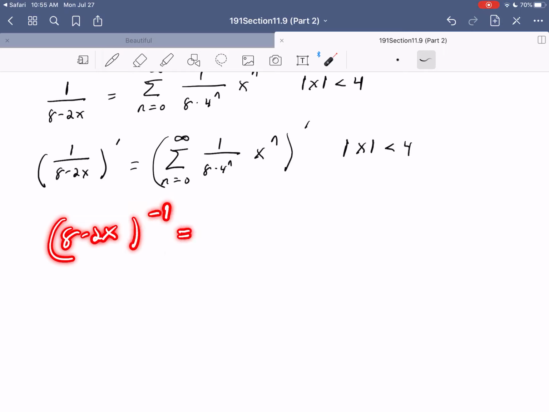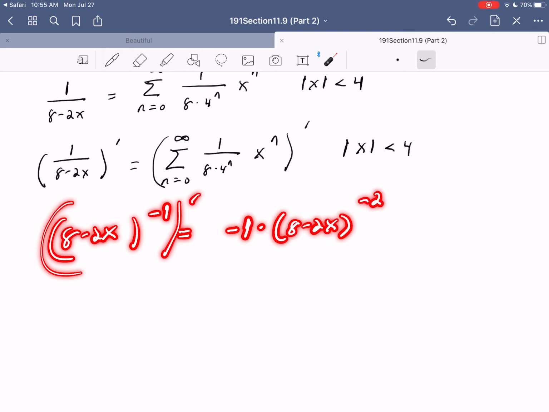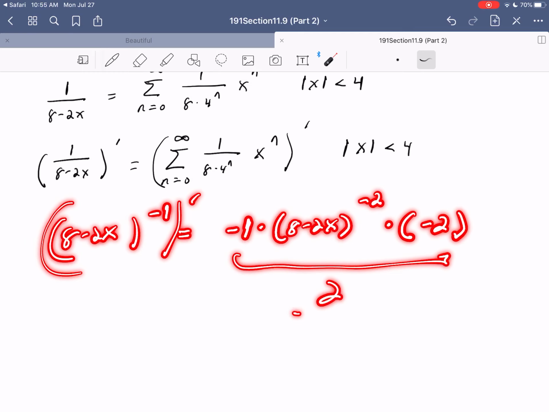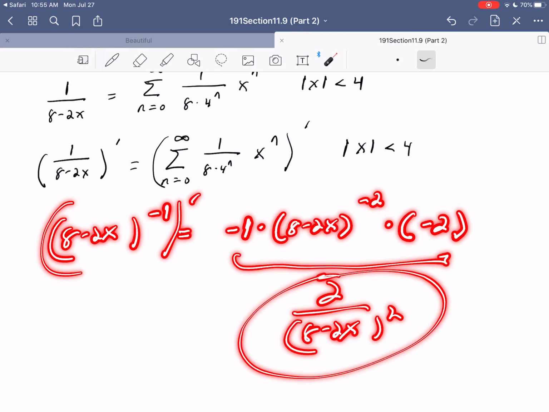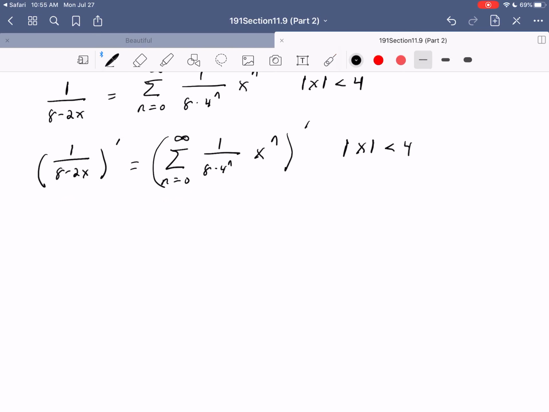If we differentiate that, we should get a -1 times 8 minus 2x to the -2 times the derivative of the inside, which is -2. So that's 2 over 8 minus 2x squared. Notice that's the key here: by differentiating, that's how we're going to get that square in the denominator. So this derivative is 2 over 8 minus 2x squared.